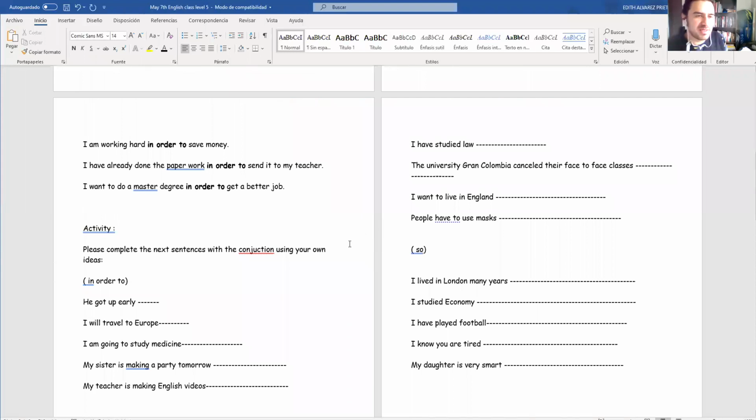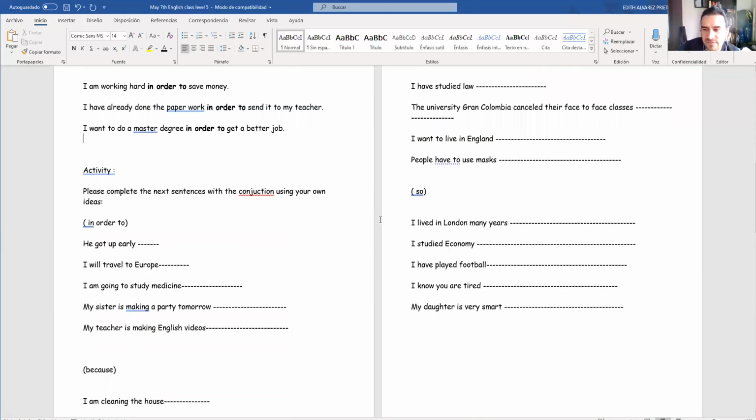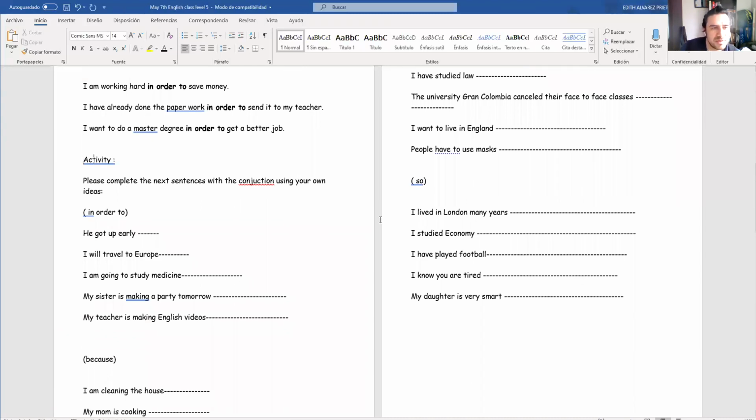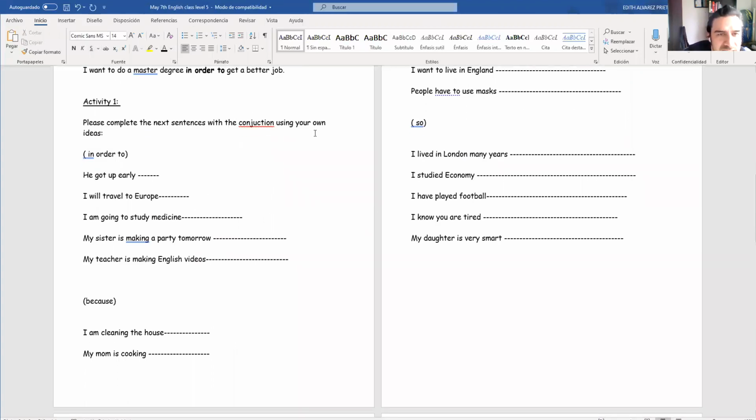Okay, let's practice. What is the activity for in this case, okay? The activity number 1. Okay. So, vamos a hacer esta, the first activity. Okay. Entonces acá, complete the next sentences with the conjunction using your own ideas.